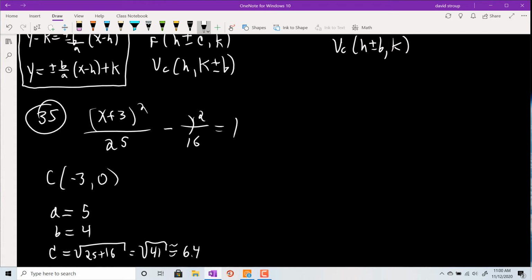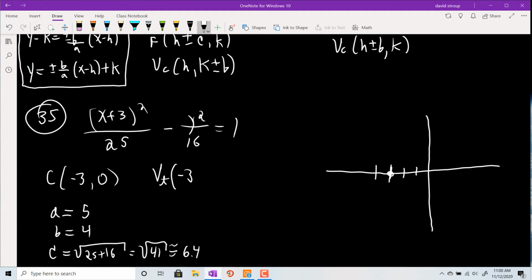What else? You may want to get a sort of a picture going. We're at negative 3, 0, so we're going to be in the second and third quadrants. Okay, so negative 1, 2, 3, 0. The transverse axis is actually on the x-axis, so for our vertices on the transverse axis, you're going left and right.